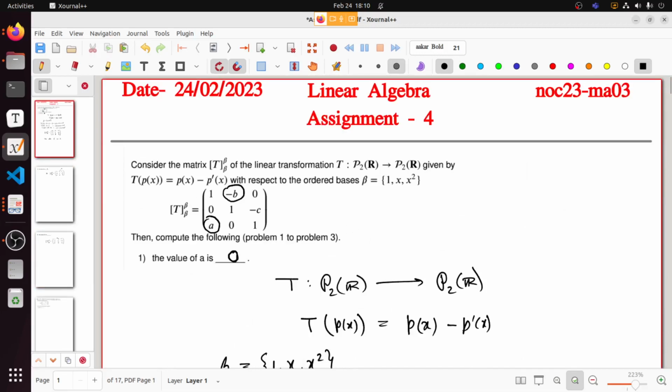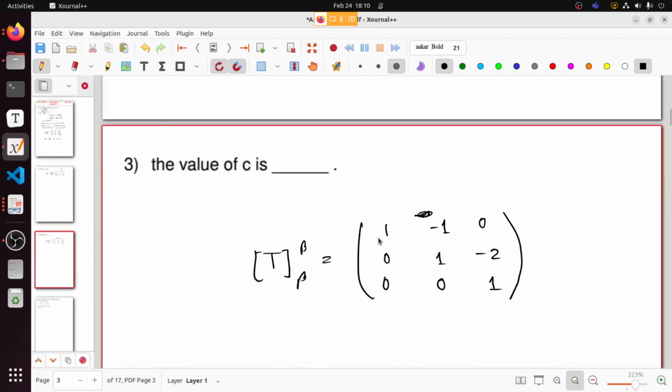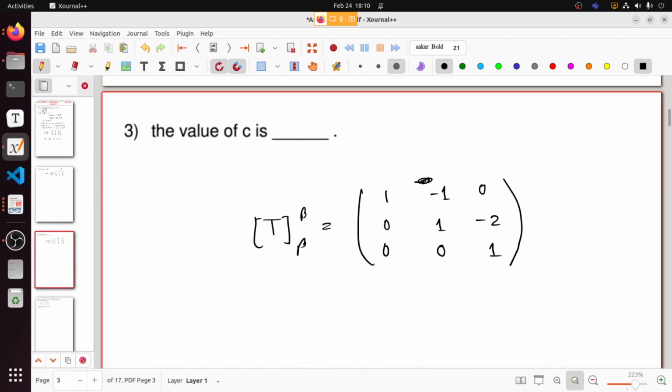C is here, right? So as minus C is there, the value of C will be 2, right?